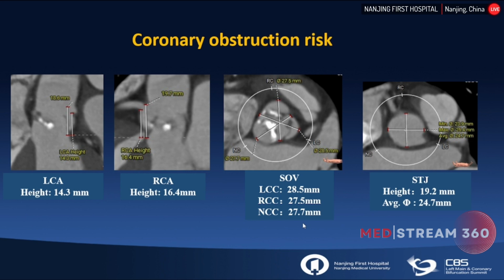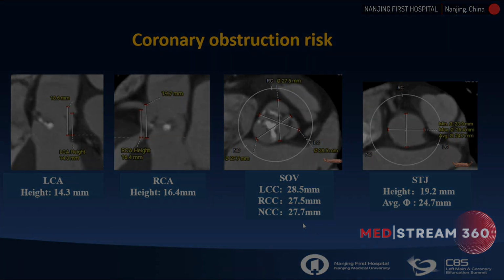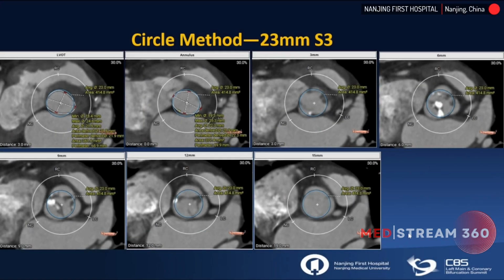It's high enough, and also the sinus is bigger than 27. In terms of the STJ, the mean diameter is 25 and the height is 18, not so big. So we use a circle method. After that, the decision was made to select the 26 millimeter Sapien 3 valve for this particular case.